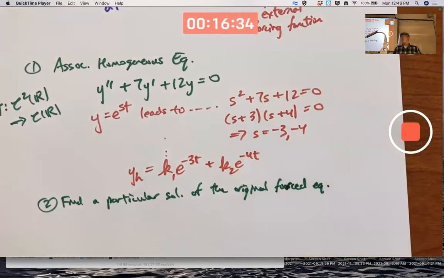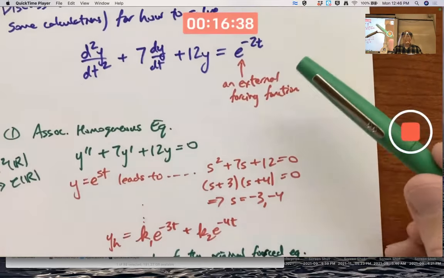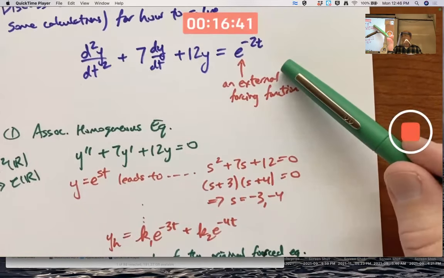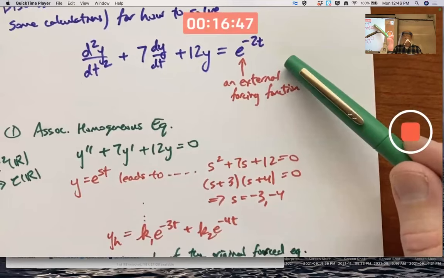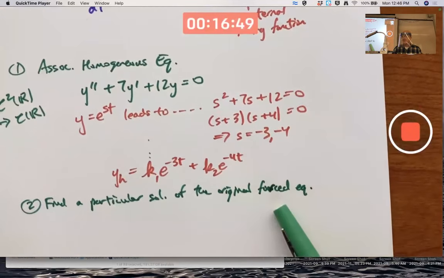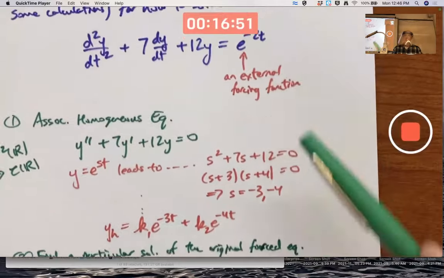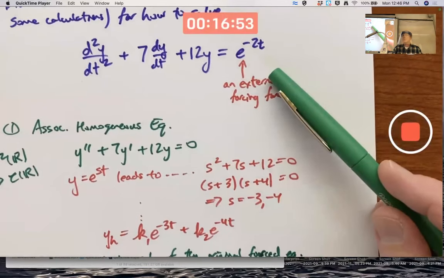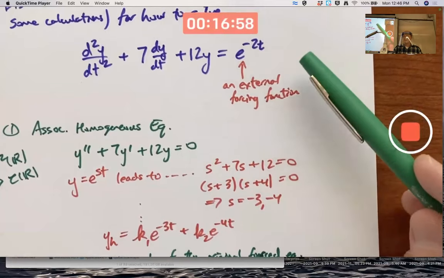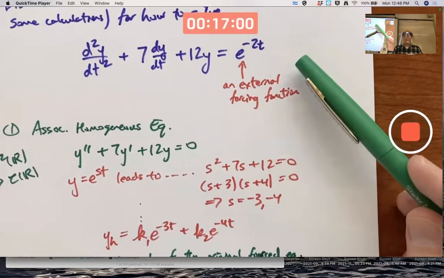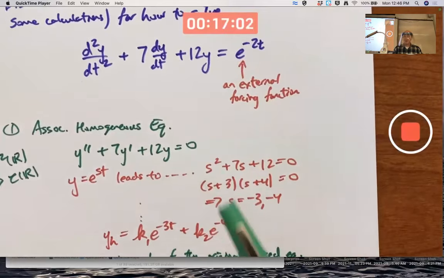Forced is synonymous with non-homogeneous. There's an external forcing function. It is, in many models, a force, and therefore, that's why we call it a forced equation. Does it have to be a force? No, I suppose there could be some application where it's not a force. But in most applications, it is some external force because in most applications, this is a harmonic oscillator.